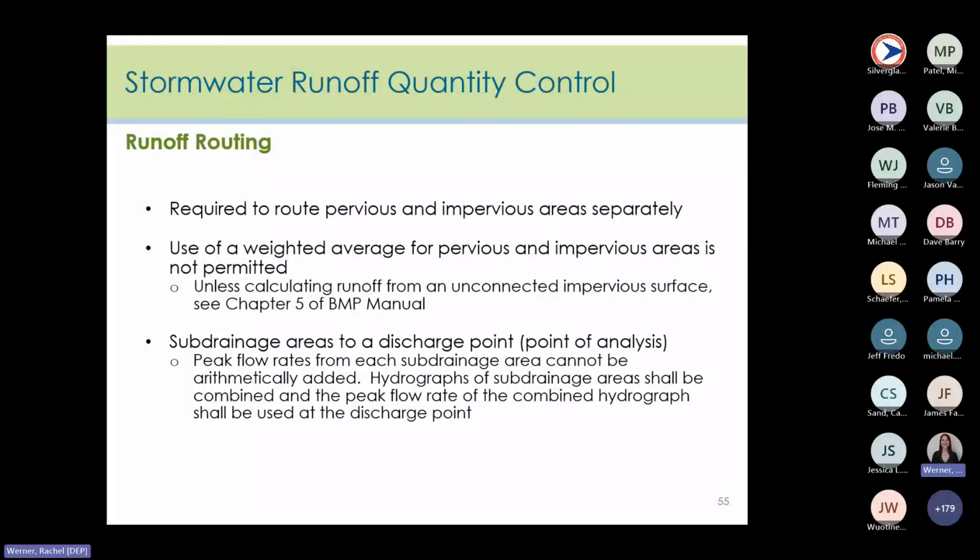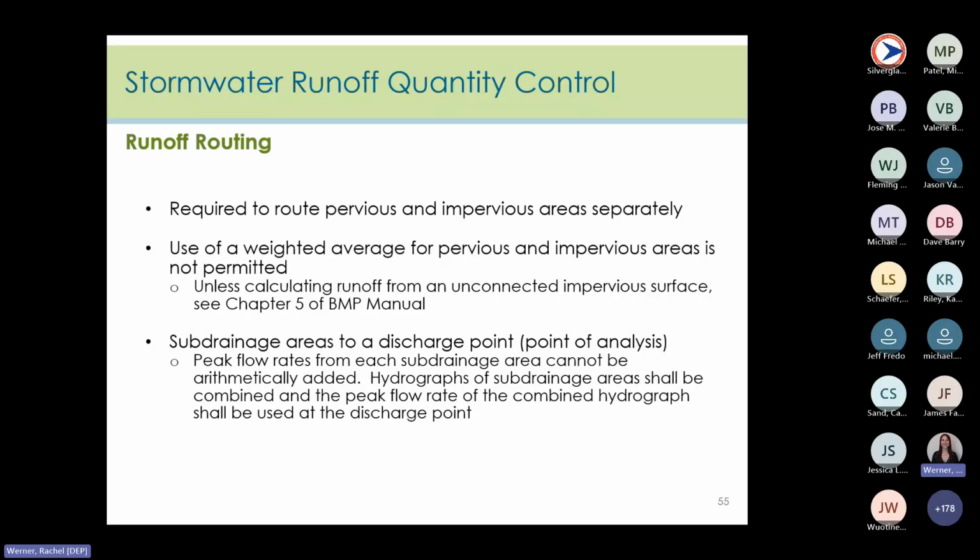In addition to that, because there are multiple subdrainage areas, like pervious and impervious, being routed to a single point of analysis, these subdrainage areas need to be combined to determine the total peak flow rate at the point of analysis. Now, and this is important, you cannot simply arithmetically add the peak flow rates of all the subdrainage areas to get the combined peak flow rate.